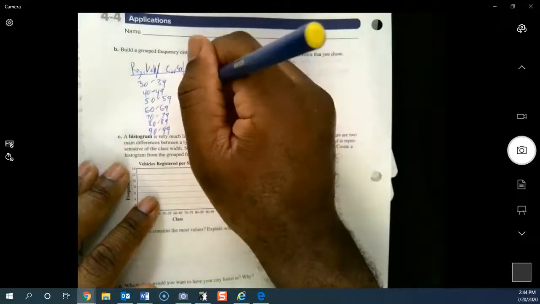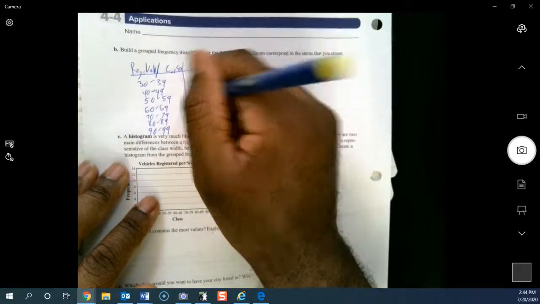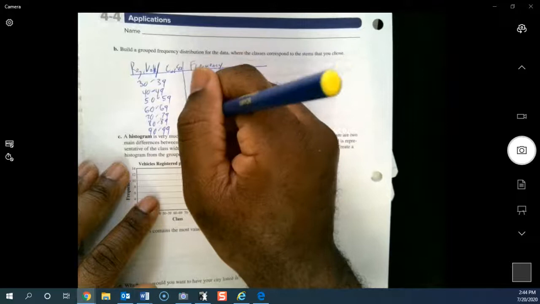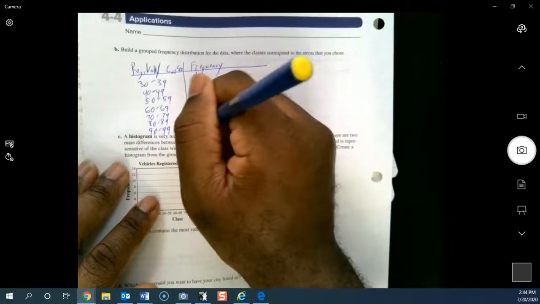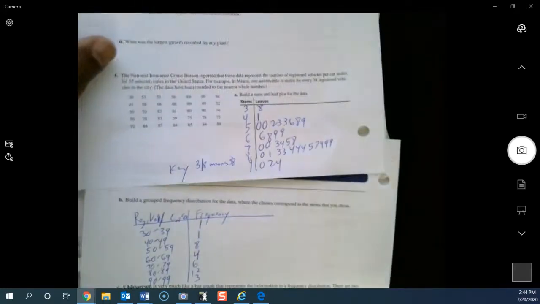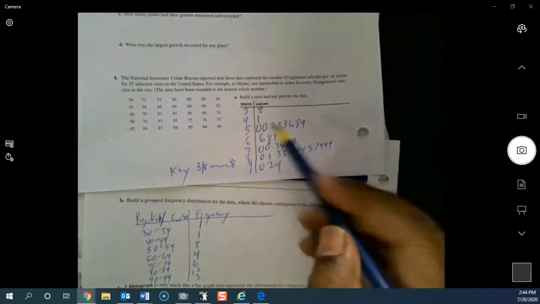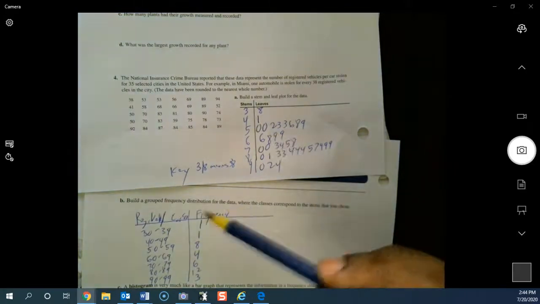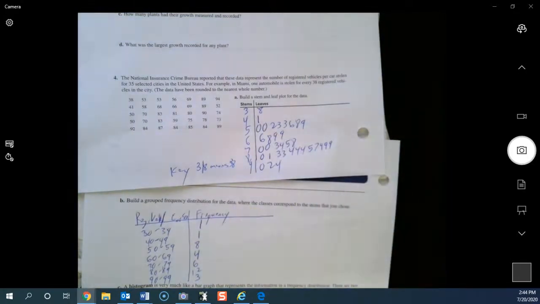The frequencies will be 1, 1, 8, 4, 6, 12, and 3. All right, and you can easily see those frequencies from the stem and leaf plot here. If you look here, you could just count how many leaves you have, and that would tell you the frequency for each.